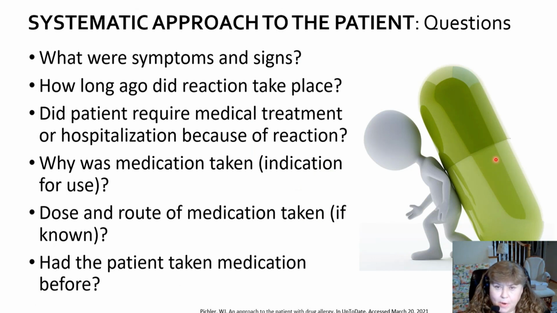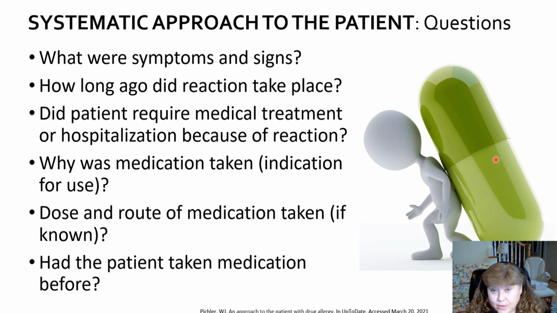So let's approach the patient that we think may have a drug allergy, and what kinds of questions would I want you to ask to get a better understanding of it. So the obvious first one is, what were the signs and the symptoms that the patient saw when they first had the reaction? How long ago did the reaction take place? How severe was it? Did they require hospitalization? Did they require epinephrine? Did they require steroids?